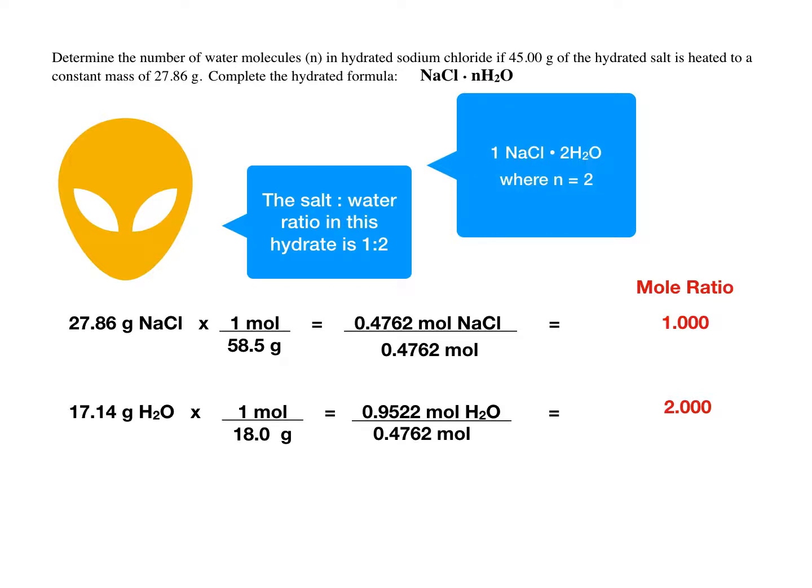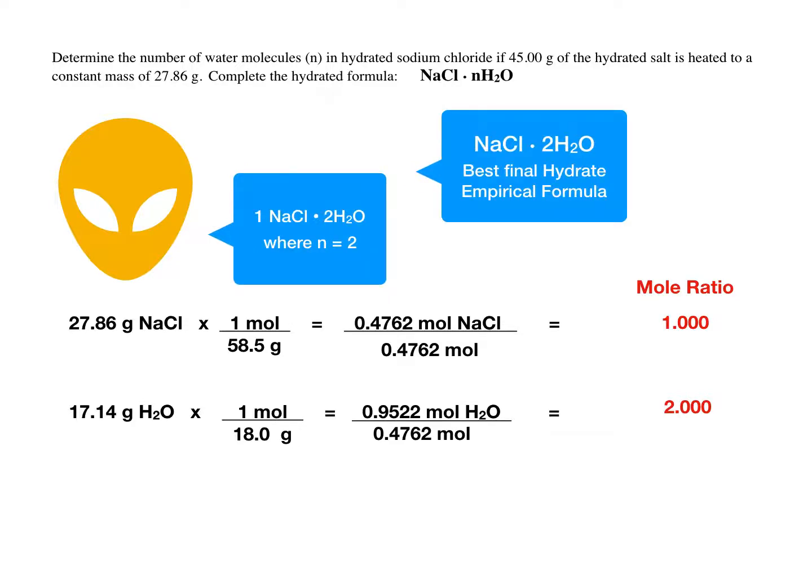So since it's a 1:2, you can see that a 1 was placed in front of NaCl, and where the N was in the original problem is now replaced with a 2. 1s, for the most part, we don't write in, so the best final hydrate formula is simply NaCl, big fat dot, surrounded by 2 H2O.